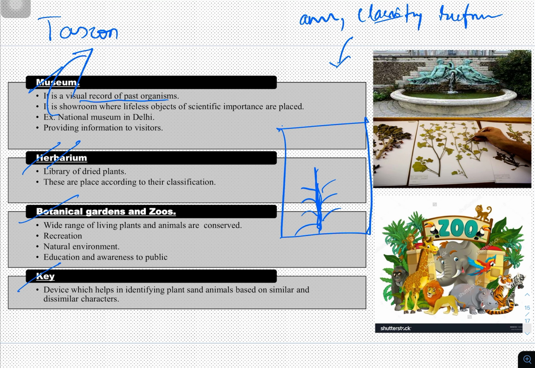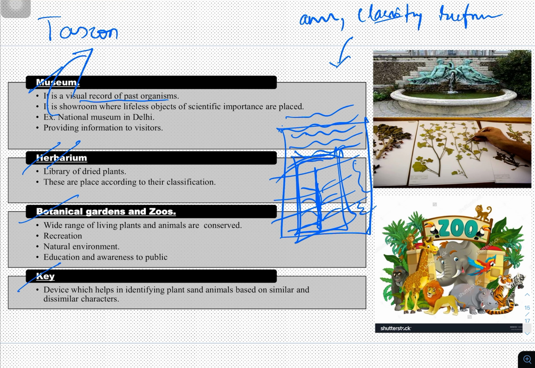The plant is pasted and pressed on a sheet, and all the details are mentioned: in which place it was collected, what its classification is, what its nomenclature is, and who collected it. All this is maintained.